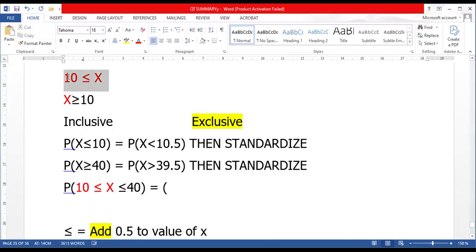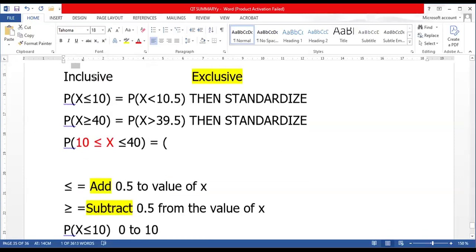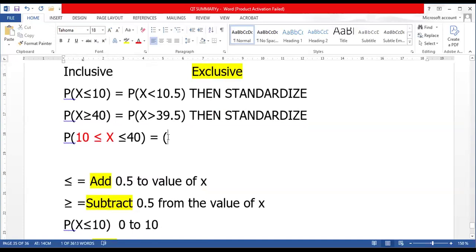This one is the same as this. I hope you agree. 10 is less than or equal to x means that x is greater or equal to 10. So this is the greater. And where you have greater, you do what? You subtract.